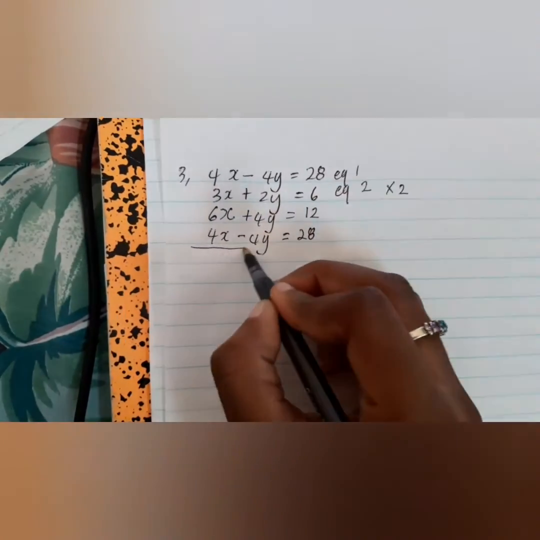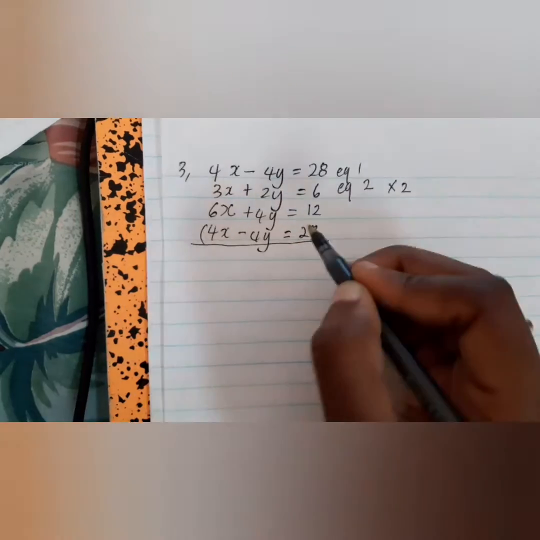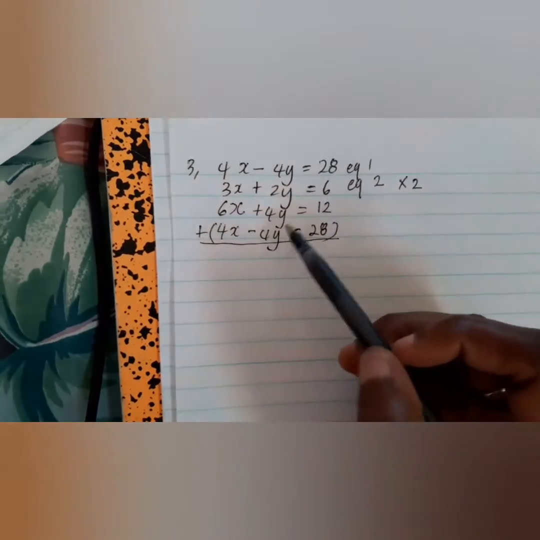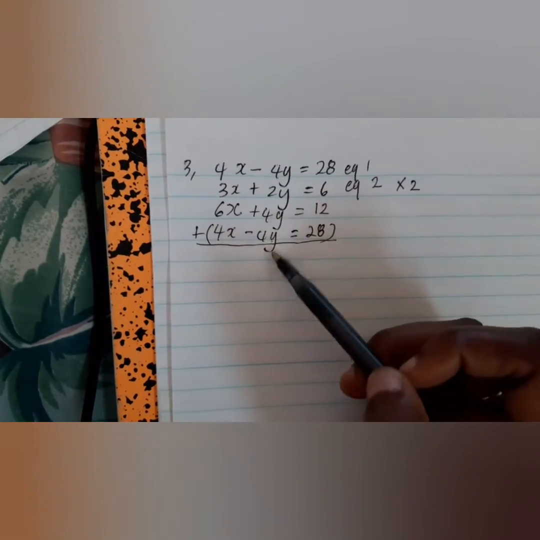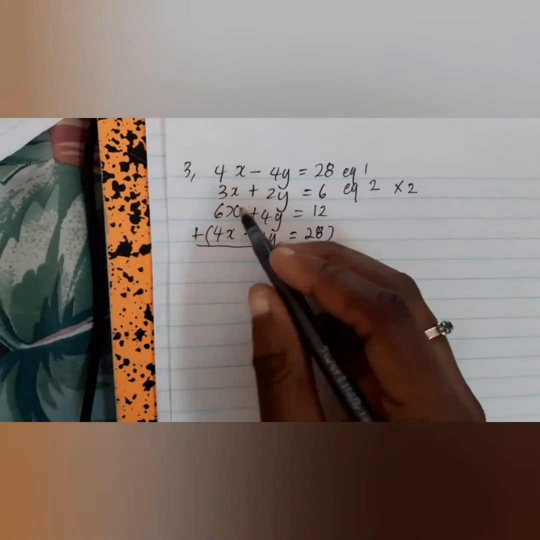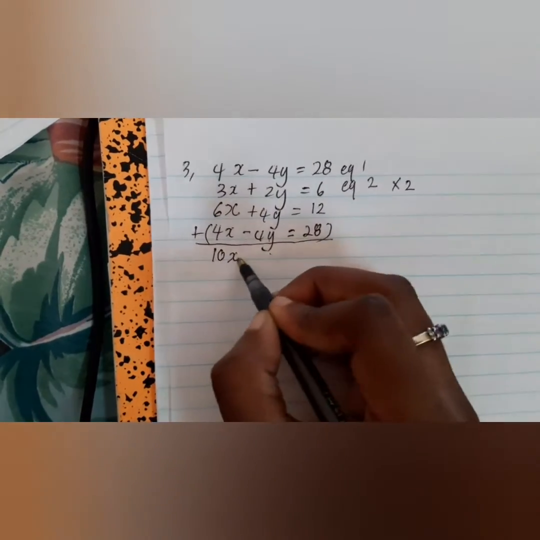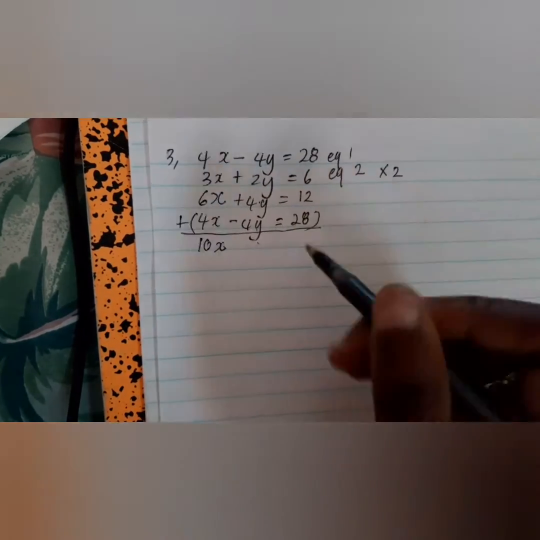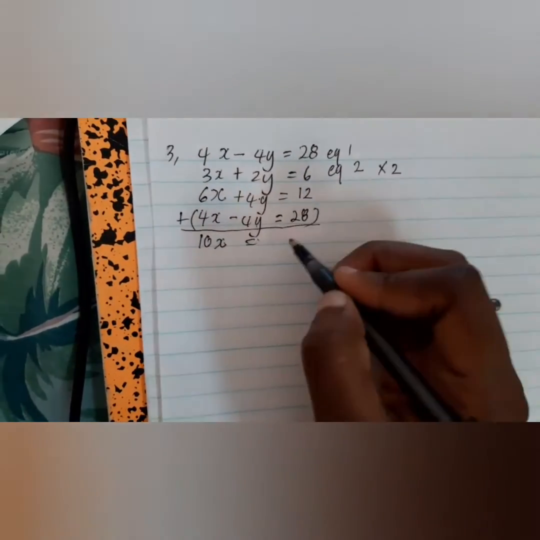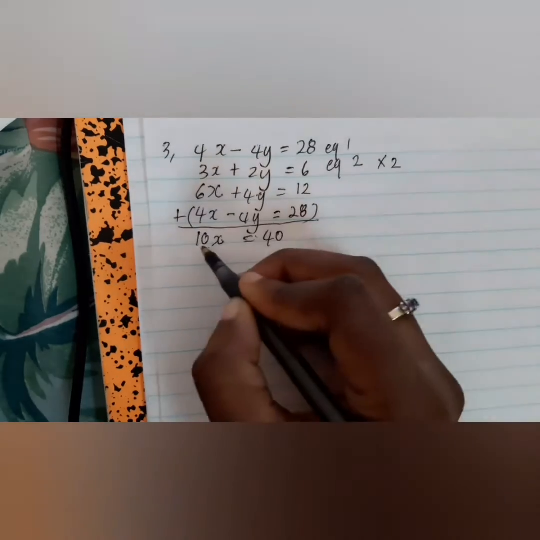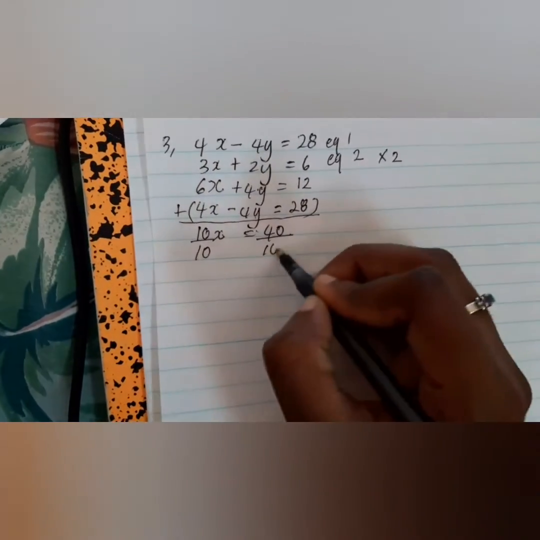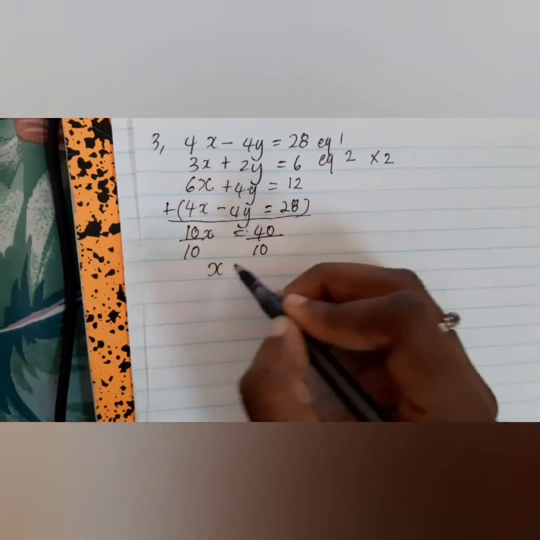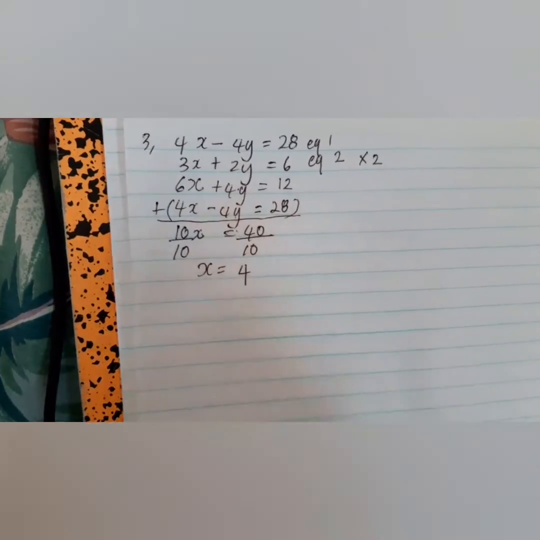So I can go ahead and add these equations so as to eliminate y. So we have 6 plus 4, 10x, 4y plus minus 4y, that's 0. 12 plus 28, that's 40, divided by 10. x is equal to 4.